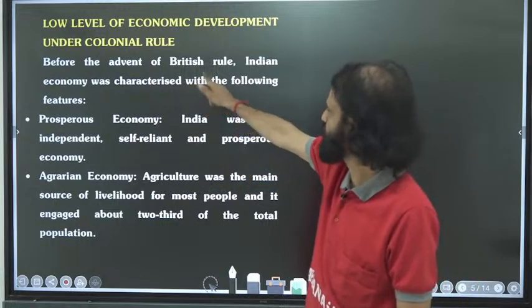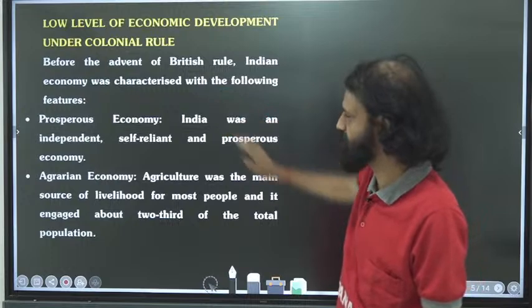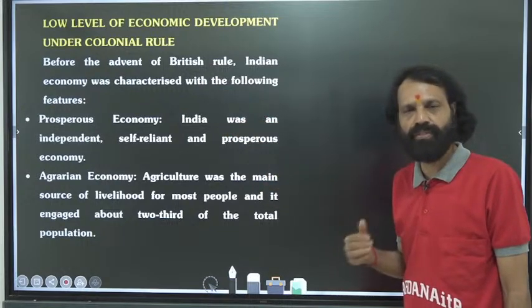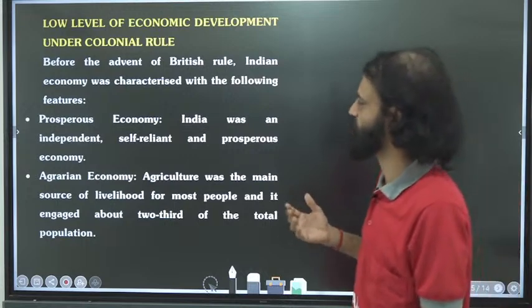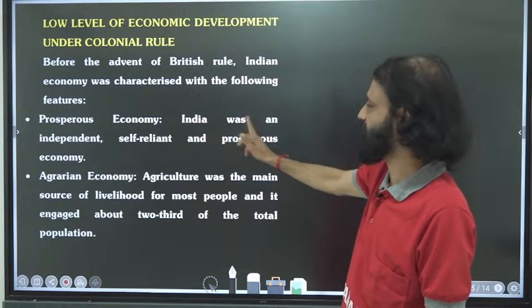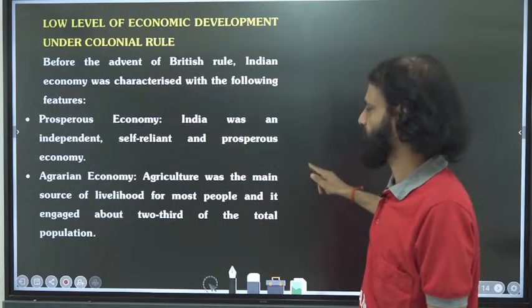Before the advent of British rule, the Indian economy was characterized by the following features. The Indian economy was doing well before the Britishers' arrival. That is what this lesson says. Indian economy was prosperous. India was an independent, self-reliant and prosperous economy.